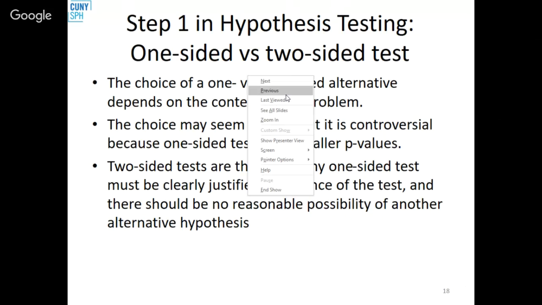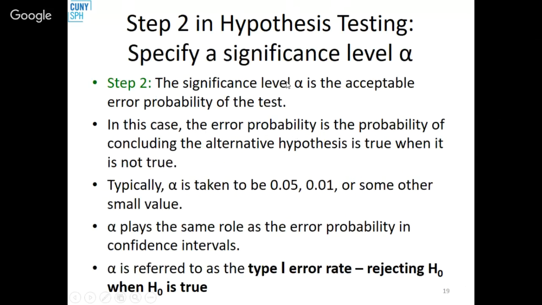Okay, step 2, specifying the significance level alpha. This is kind of arbitrary. It's your acceptable type 1 error probability. That is the probability of concluding that the alternative hypothesis is true when it is not.